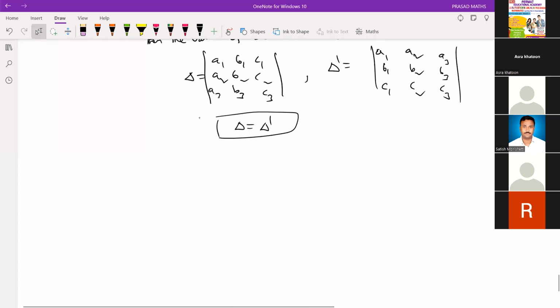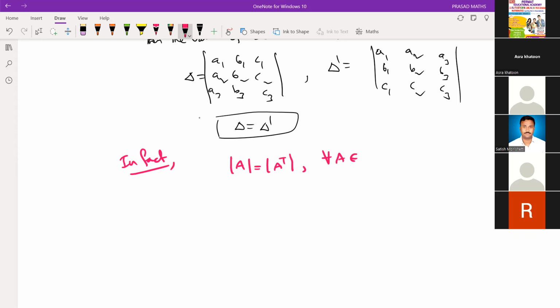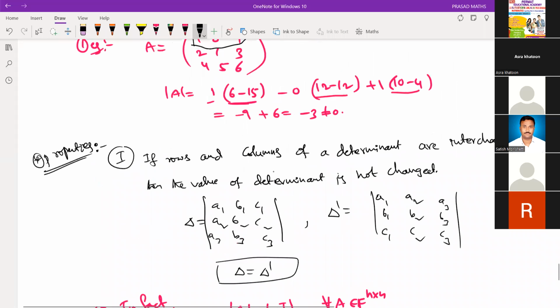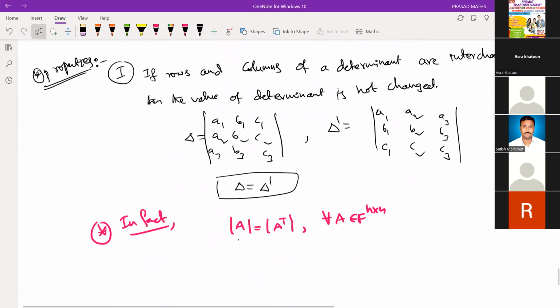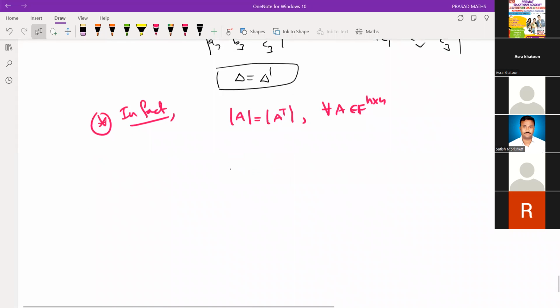In fact, in general, this tells you that det of a matrix is nothing but det of A transpose for any square matrix. Det of A is equal to det of A transpose, right? Because by changing the rows and columns, the determinant does not change.